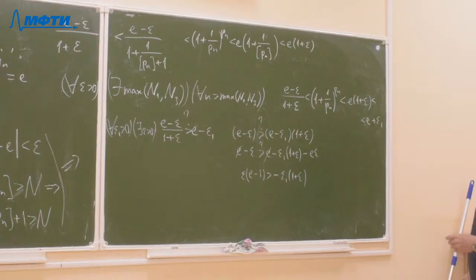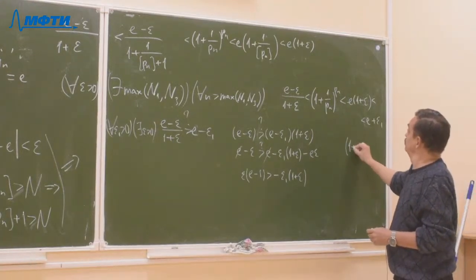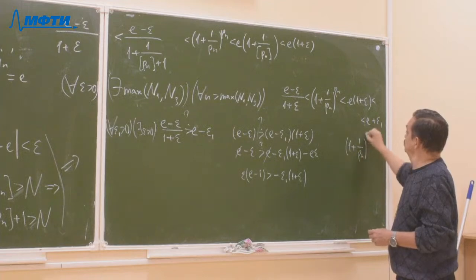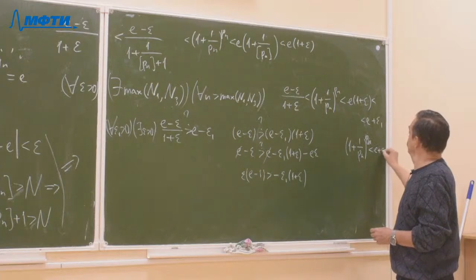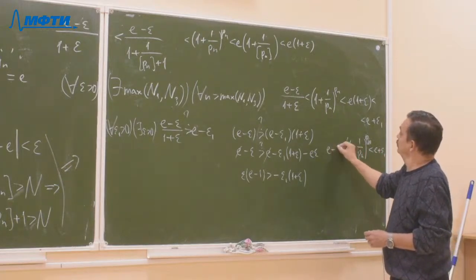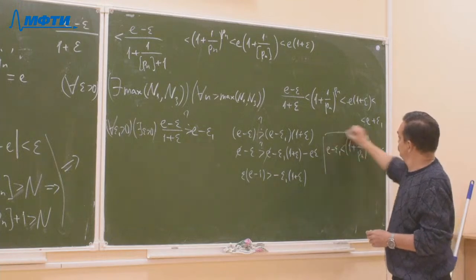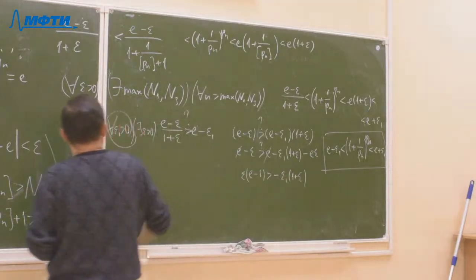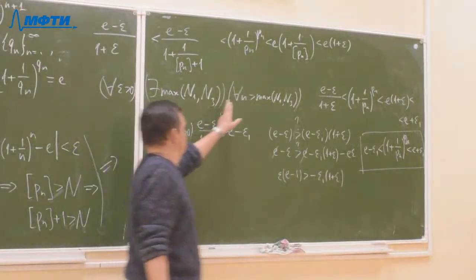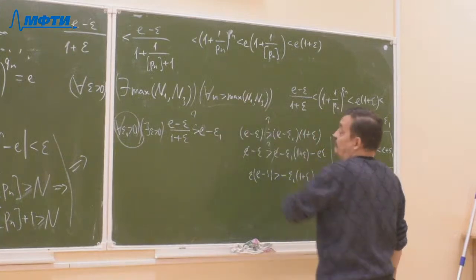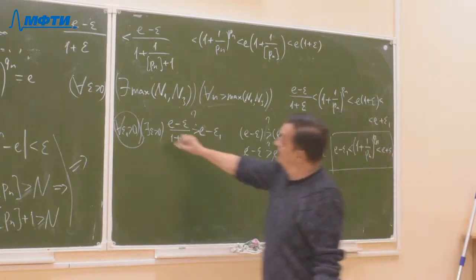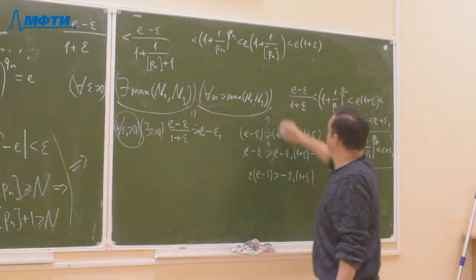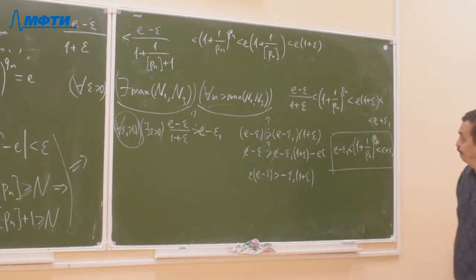So it means finally we have the inequality which should be satisfied for the definition: for arbitrary epsilon 1 there is such a number such that for all n we have this inequality.